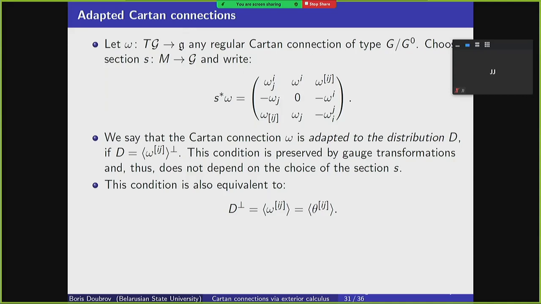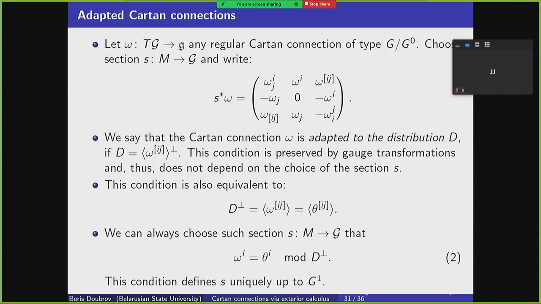We did choose some coframe, a non-canonical coframe, before. In this coframe, we had d perp equal to the orthogonal complement of theta. So the question is, maybe we can make sure that omegas and thetas are the same modulo something.